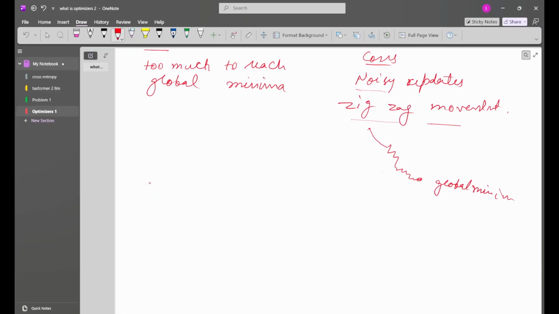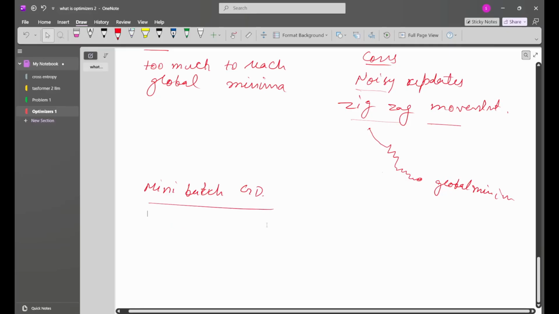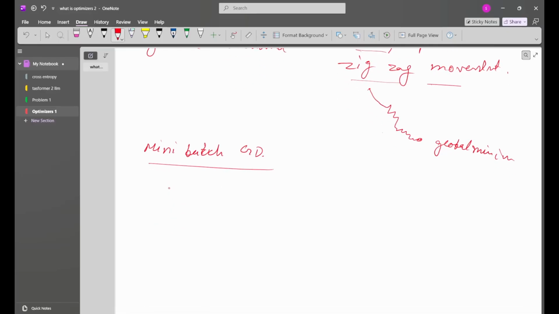So nowadays we use mini batch gradient descent. In this case, we use batches. Like we have 100 rows, so we take a batch size of 10 rows.